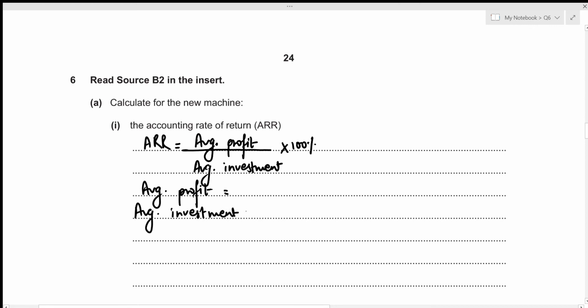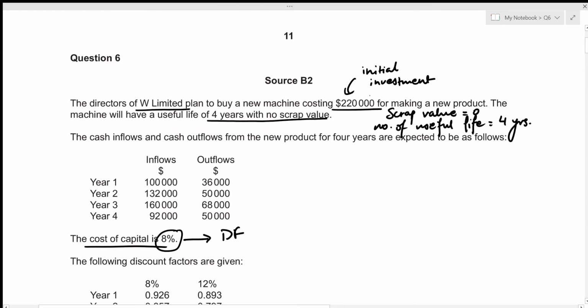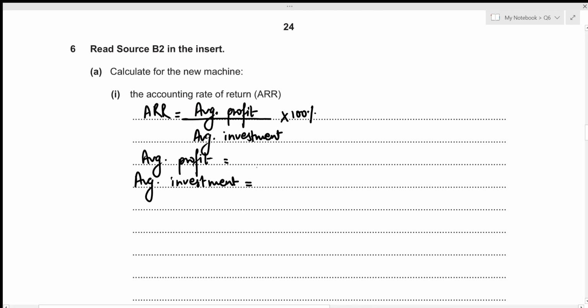We can easily figure out the average investment. This is just going to be the initial investment divided by 2. Let's have a look at the above information for our initial investment. That was 220,000. So let's figure out our average investment. That is just going to be 220,000 divided by 2, which results in 110,000.